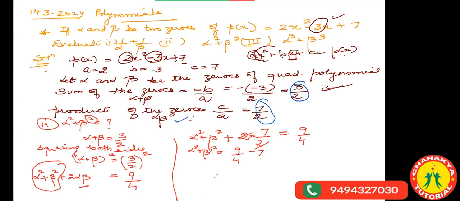Your LCM will be 4. Then it will be 9 minus 28. Right? Now 28 minus 9 will be 19. Minus 19 upon 4. Yes, minus 19 upon 4. This is the answer. Clear, children?